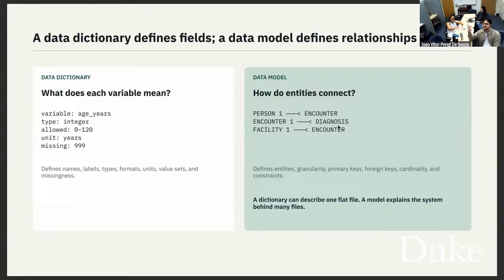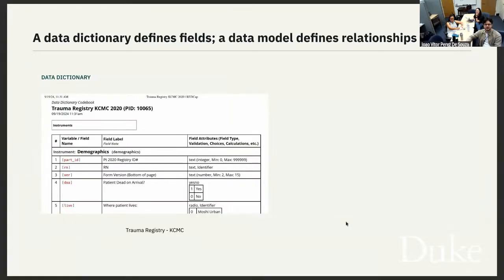And if you really want to summarize this into a single phrase, the dictionary is going to describe one file, one spreadsheet, for instance, one Excel file, one data collection from a study, whereas the model is going to describe the system behind the many files. And again, you can stop me if you have questions as I go. That's totally fine.